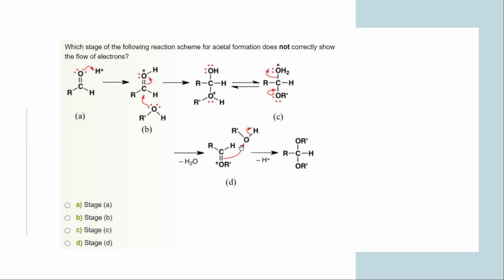So the arrow pushing here is reversed in stage D. This is why you must choose stage D as the correct answer, which is not correctly showing the flow of electrons. I hope the movement of electrons in this mechanism was clear to you, and how we chose stage D as the correct answer.